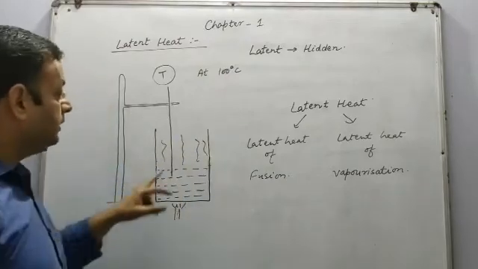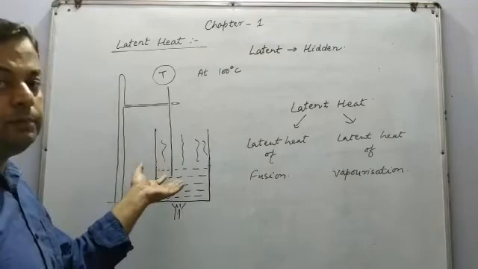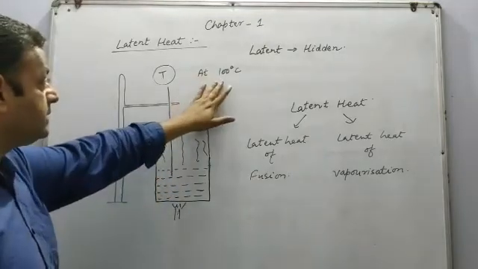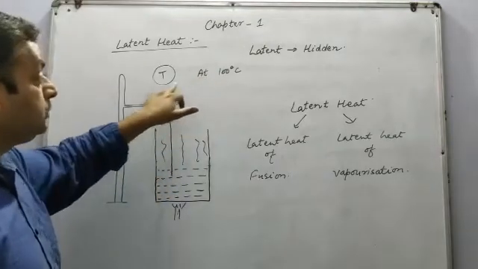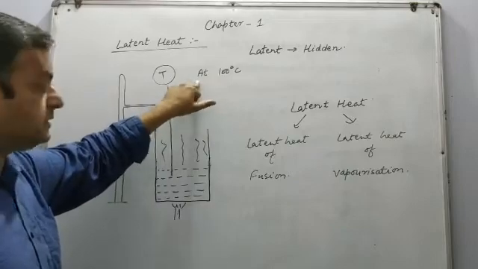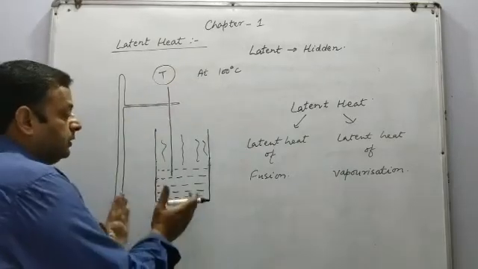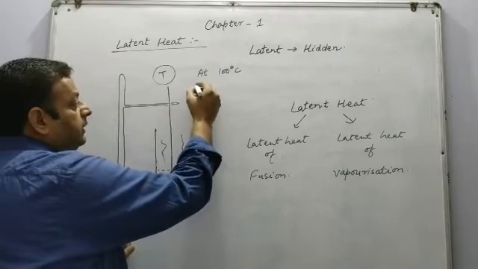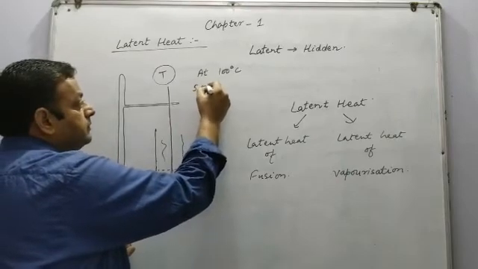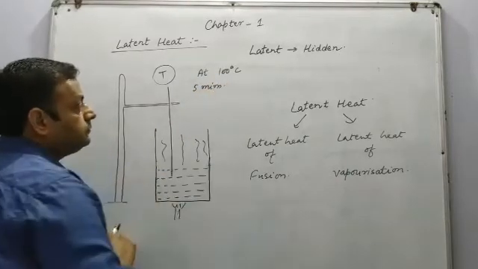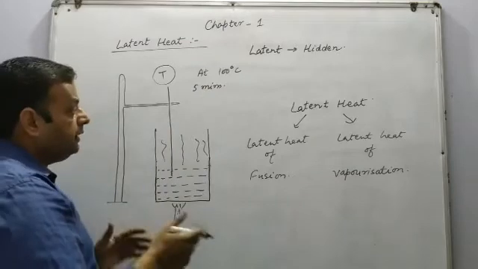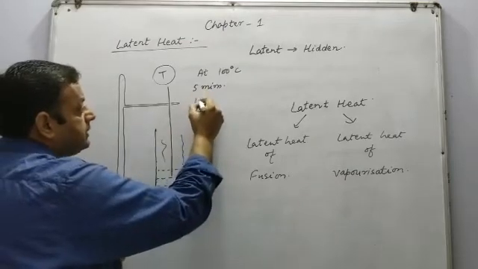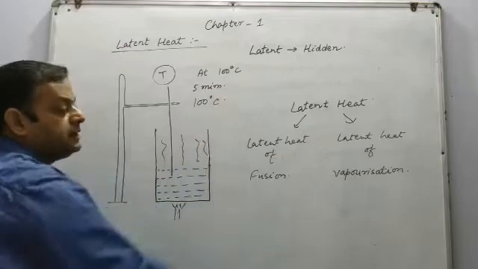We are able to see the water vapors coming out from the surface at 100 degrees Celsius, when this thermometer shows the reading 100 degrees Celsius. Now continue heating the container for 5 minutes. After 5 minutes, again record the temperature. It is still 100 degrees Celsius.